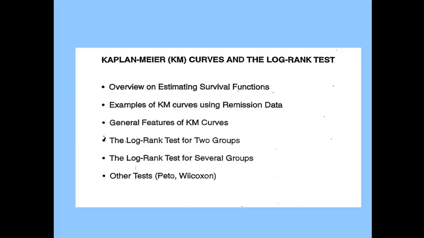And the Wilcoxon test essentially is a version that allows you to compare survivor curves in which you put more emphasis on the difference between the curves early on during survival. Okay? So that's what the Wilcoxon or the Peto test does. So if you want to emphasize, when you're looking to compare curves, the earlier part of the survivor curve to see if they're different, you use either the Wilcoxon or the Peto test.